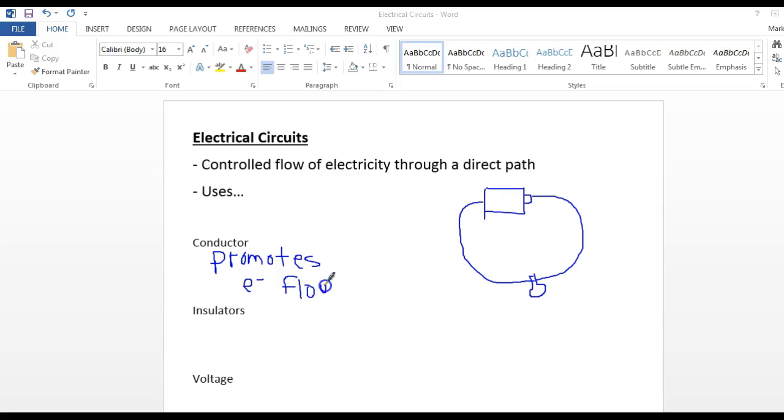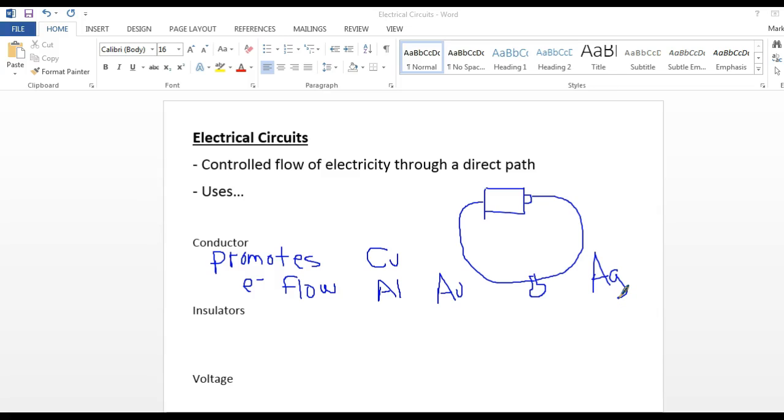Some substances, and I think we talked about this the other day in the last notes, their electrons are easily removed, and those include substances like copper, aluminum, gold, silver, lots of them. It's really easy to remove their electrons, so we use them to create wire.